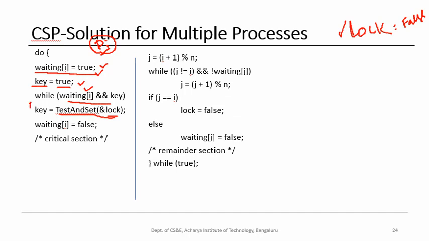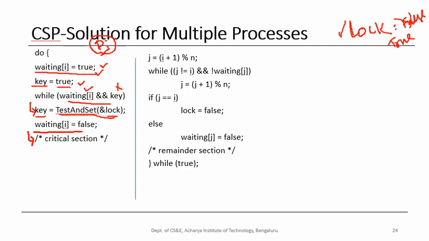So it is allowed to execute the test and set instruction. Because the value of lock is false, the test and set instruction returns false and makes lock equal to true. So this condition fails, and Pi will enter into the critical section.